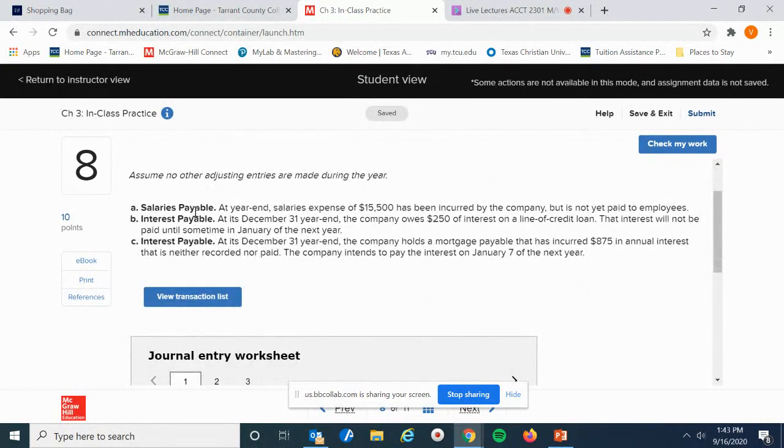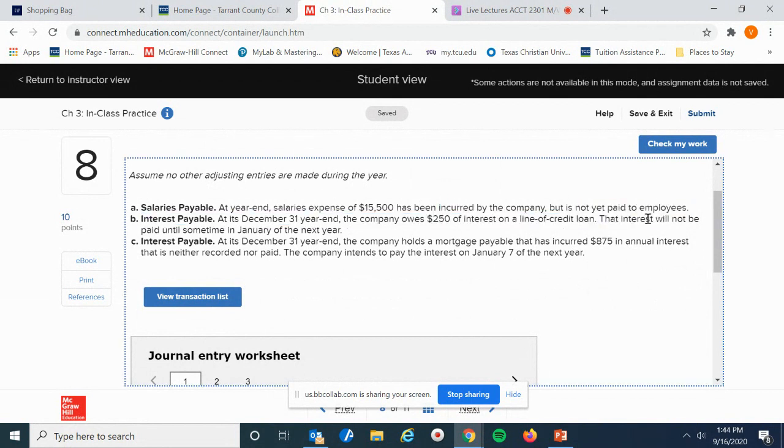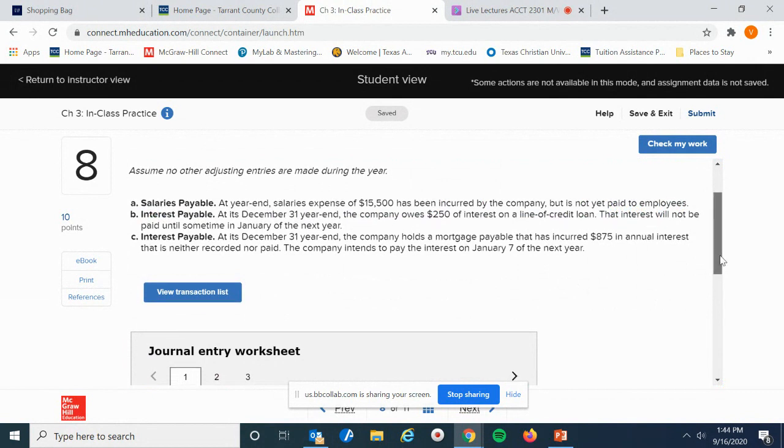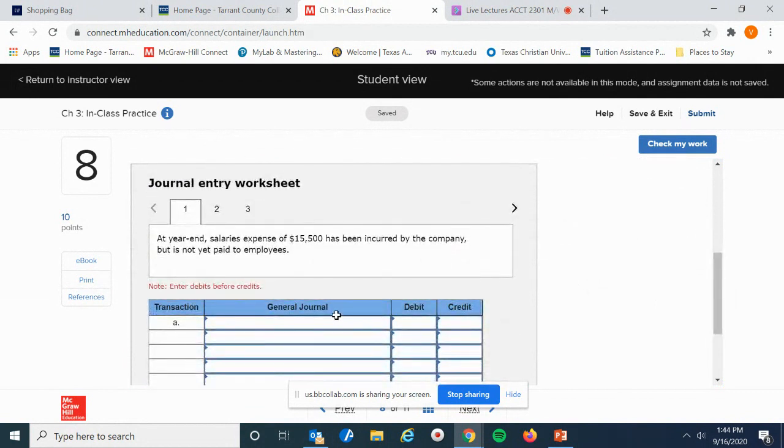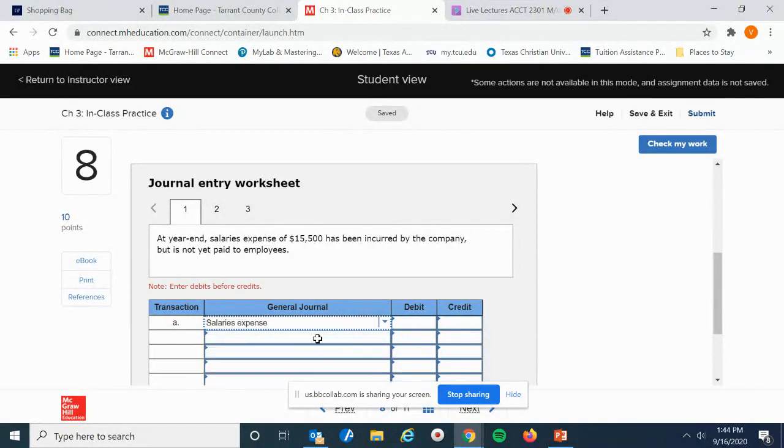Let's look at A, salaries payable. At the end of the year, salaries expense of 15 has been incurred but not yet paid to employees. This is what I described in the PowerPoint presentation. So the journal entry for that would always be salaries expense, but for the whole amount, in this case, $15,500.